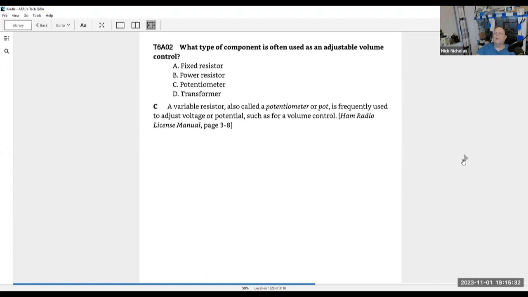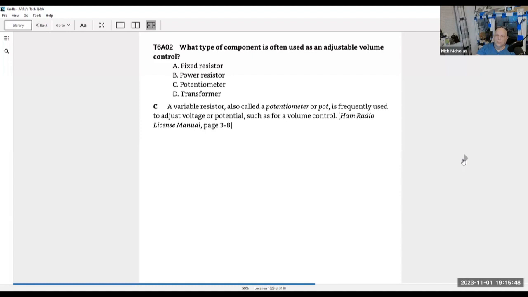What type of component is used as an adjustable volume control? And it's old school. It was always a variable resistor.